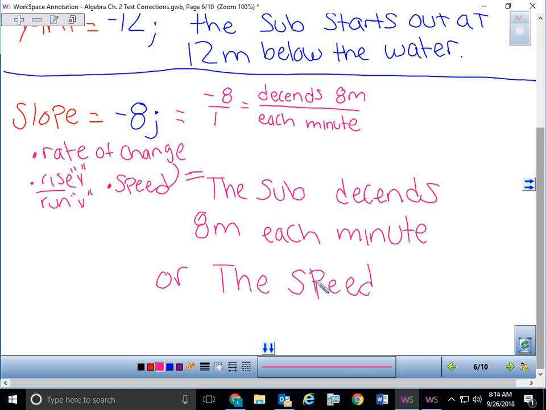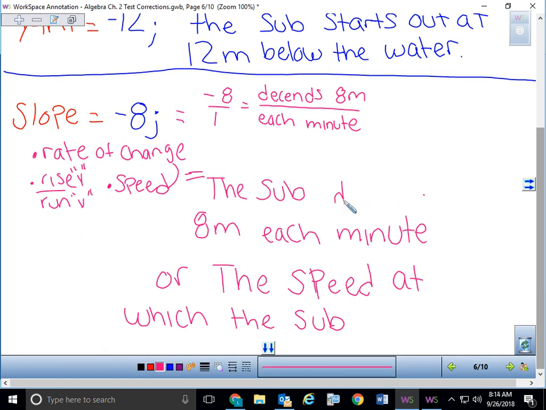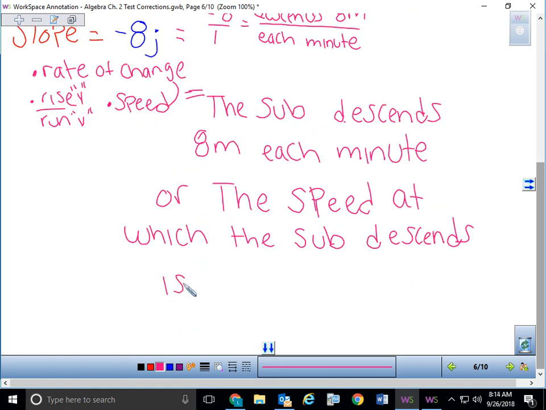The speed at which the sub descends is 8 meters for every minute. I spelled the word wrong, and I didn't even catch it until now. Spelled it wrong twice. Descends has an S.